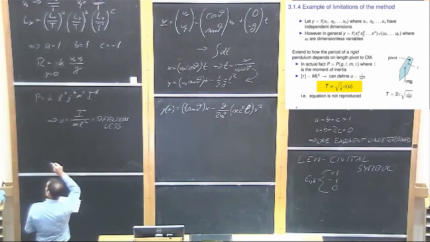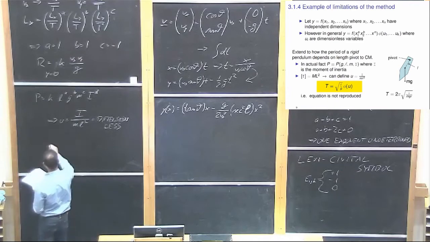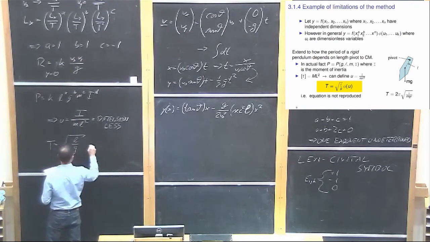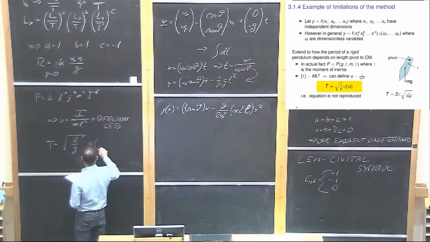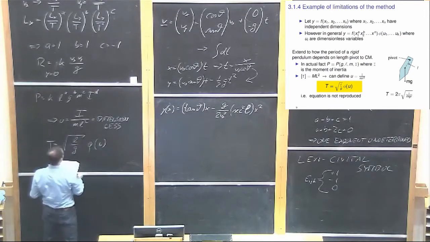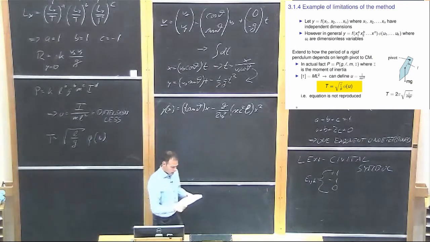We get again the square root of L over G for the period, T equals square root of L over G. But then we have this dimensionless function of this variable u, and the moment of inertia is somewhere stuck in there.